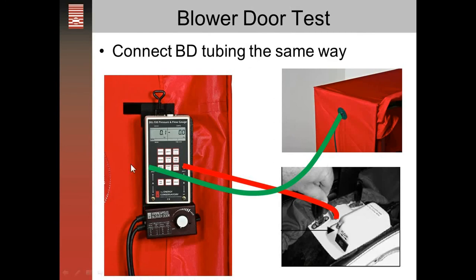So again, we've got house with reference to outside, and because our gauge is outside, we don't need a tube there. And then channel B, we're measuring the pressure at the flow sensor of the fan with reference to the space it's in, and the space it's in for a pressurization test in this case is outside. So on the blower door we've got house with reference to outside, and then channel B is the blower door fan with reference to the space it's in.